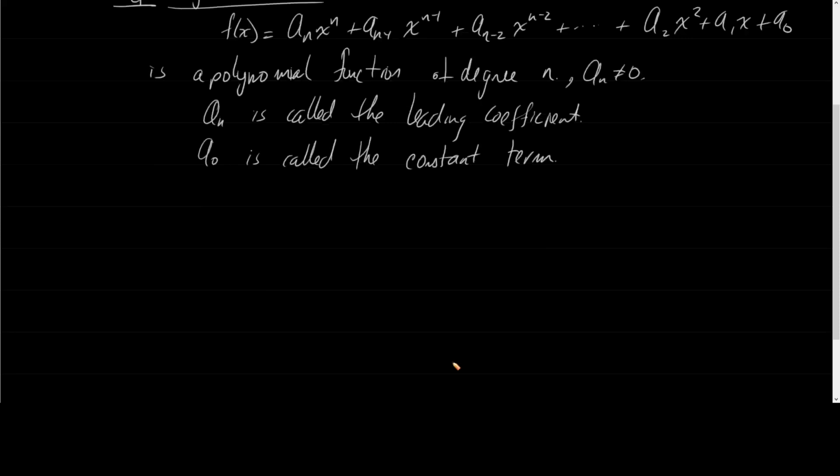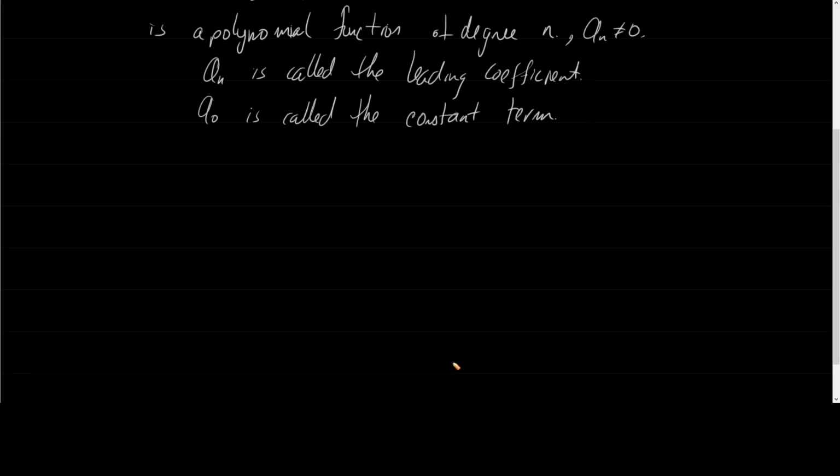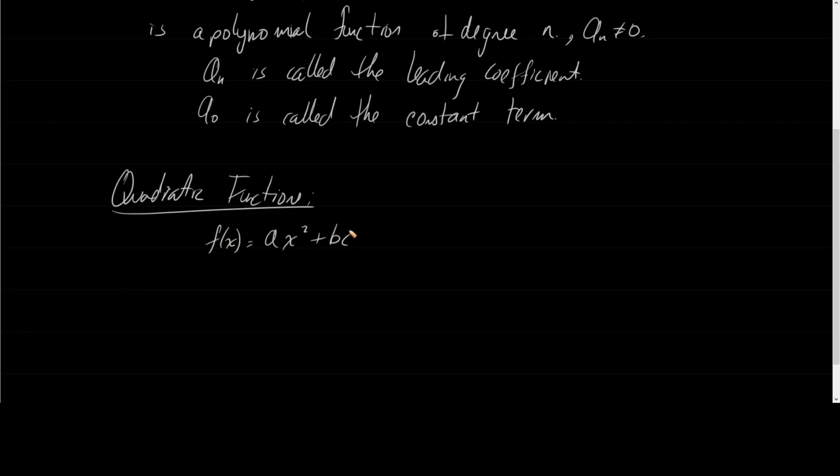Now let's specifically talk about quadratic functions. A quadratic function is one that follows a quadratic polynomial, so ax squared plus bx plus c. Right in here, a should not be equal to 0.